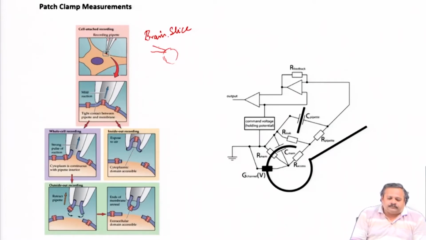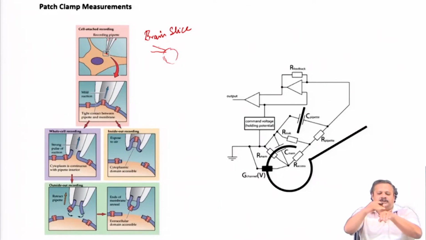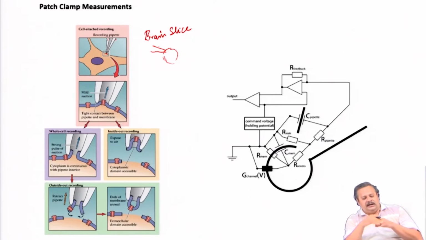So once we lower the electrode into the tissue and we are on top of a neuron's surface, as we can see, the electrode tip is held usually at a particular angle that is preferred in that location, and there is an indentation made on the surface of the neuron. You can actually see it in the DIC in the microscope.